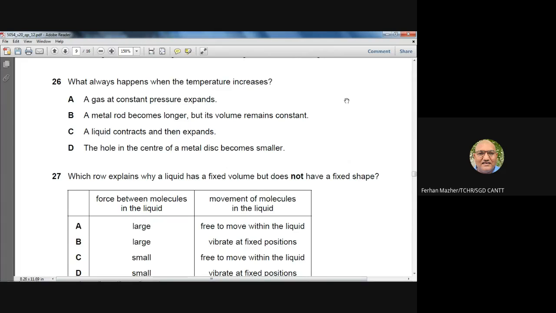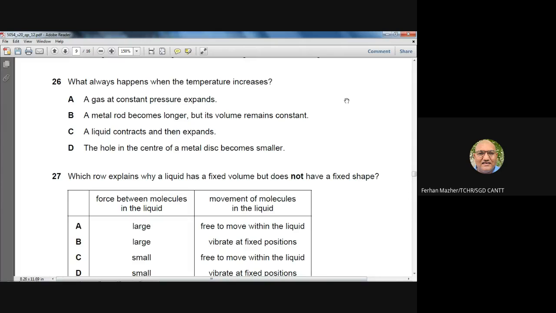You see, conceptual thing. A gas at constant pressure expands. That is true. When the pressure is constant and you're talking about a gas, then the volume and the temperature are directly proportional to each other.